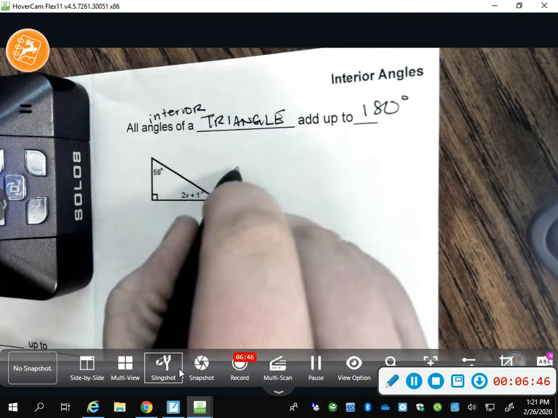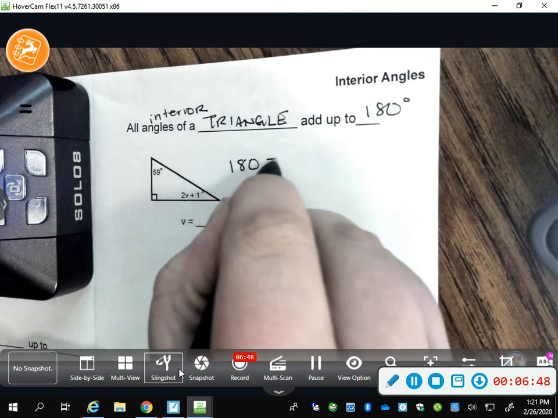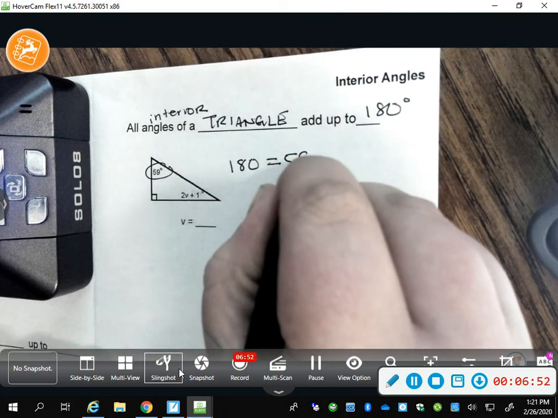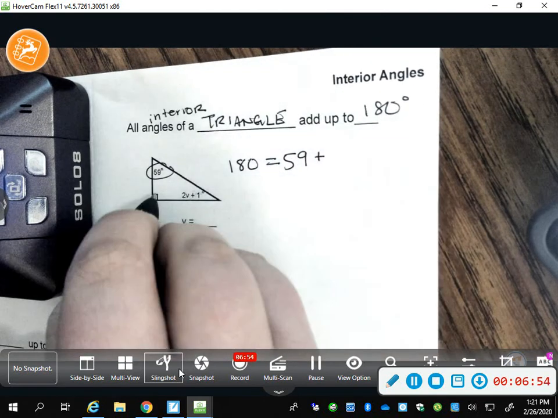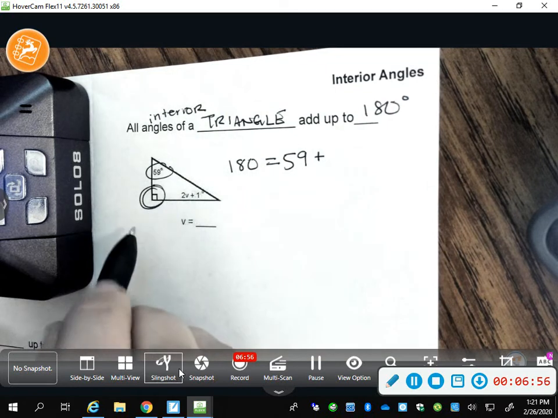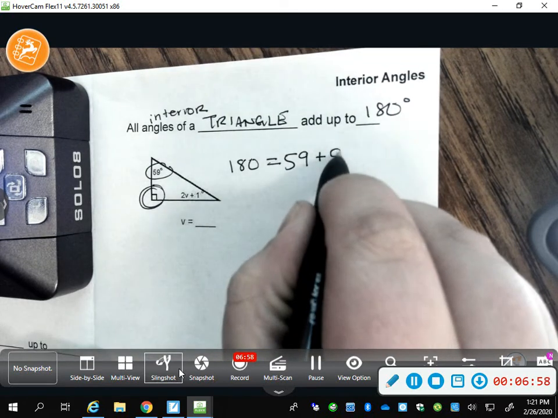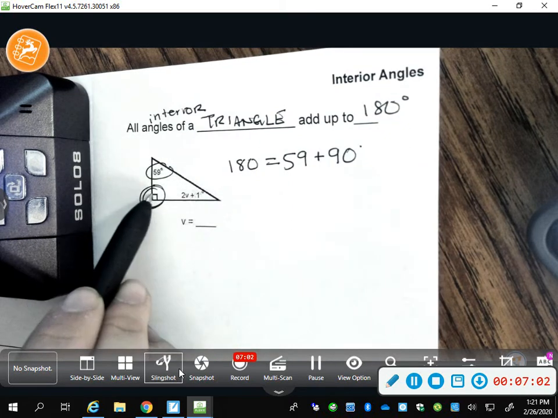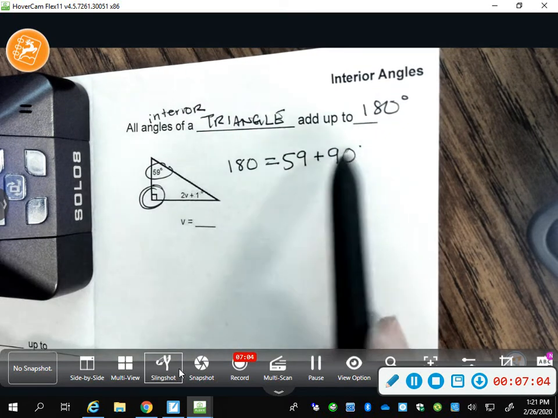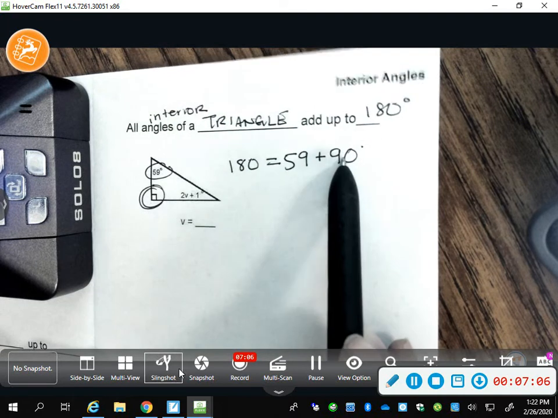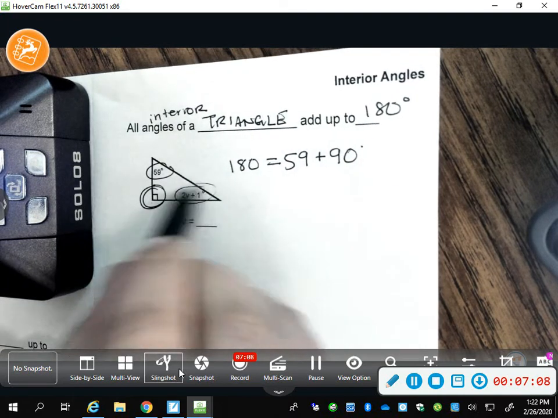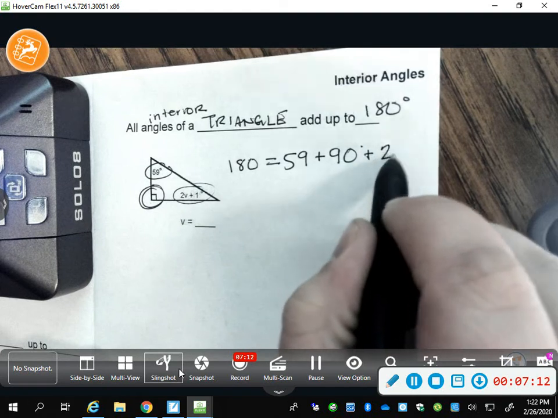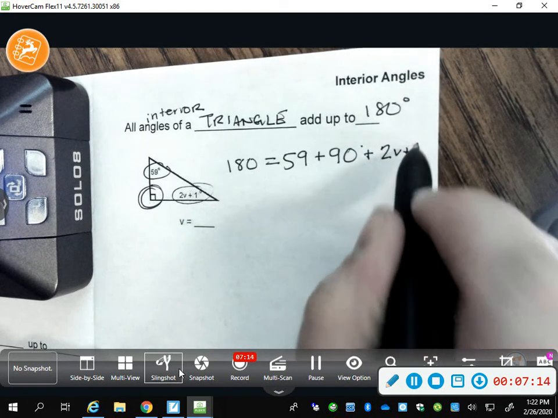That would mean 180 is the same as this angle, 59, plus this angle, which is 90 degrees. It's a right angle. We know that by its denotation with the box. All right angles are 90 degrees. And then the last angle is 2V plus 1. So I'll add 2V plus 1 to all of that.